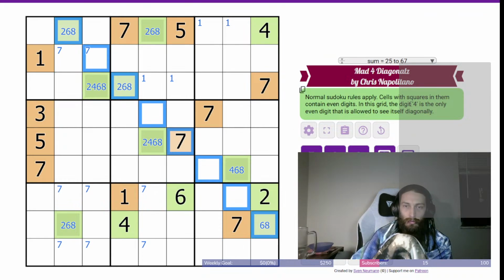If we interpret this rule, 4 is the only even digit that is allowed to see itself diagonally, then on this diagonal, the 3... Oh, I didn't explain what I meant. As in, it sees the entire diagonal. There's no restrictions on its visibility.